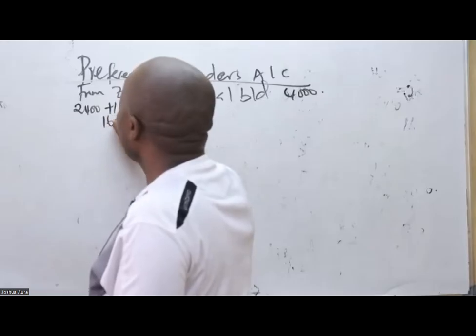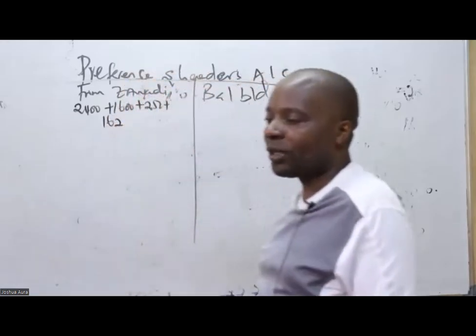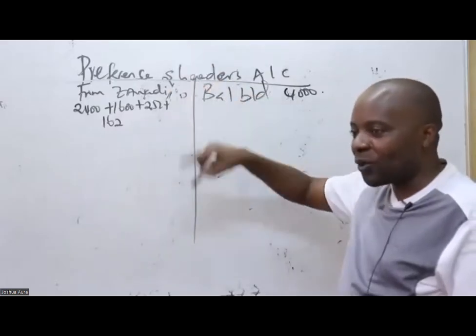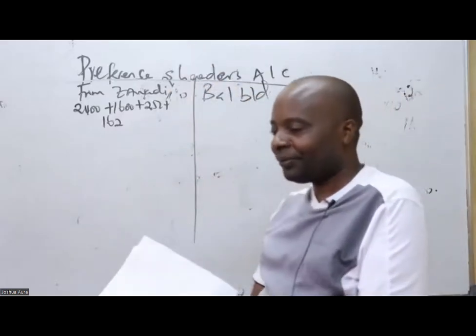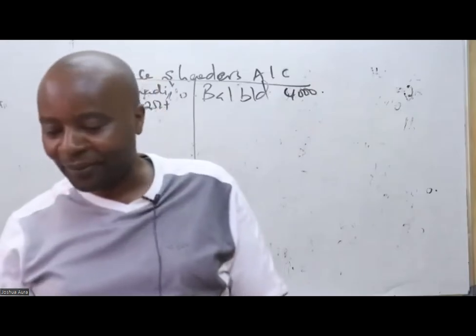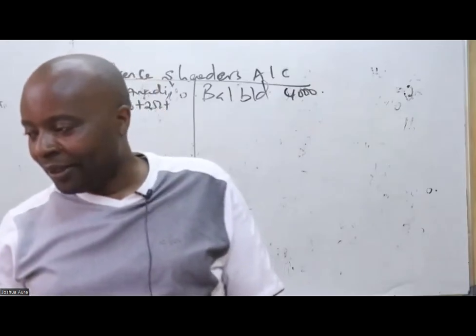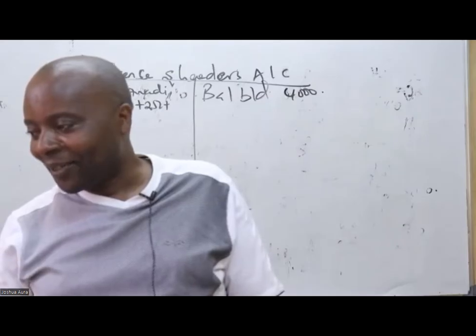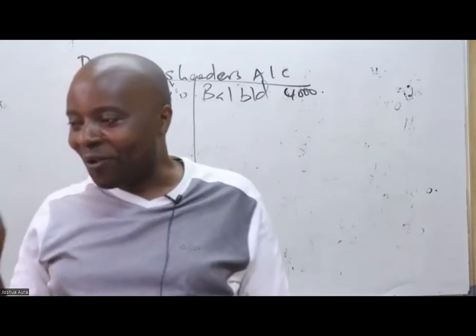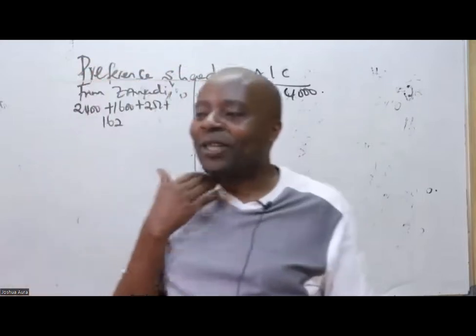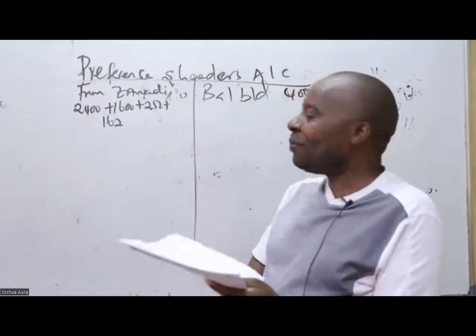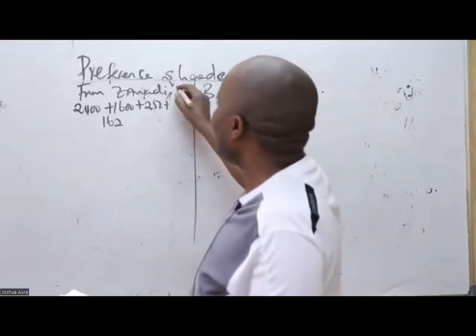They were getting 162 somewhere. They were getting those 4 items. So I'm being given 4420.